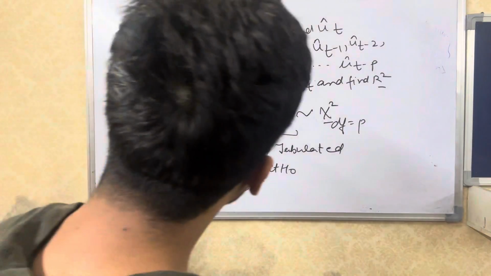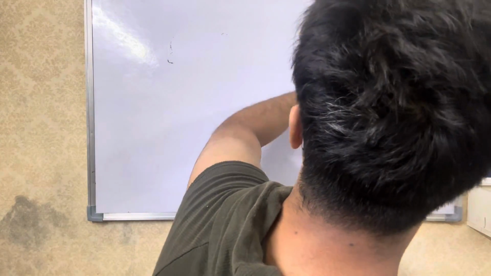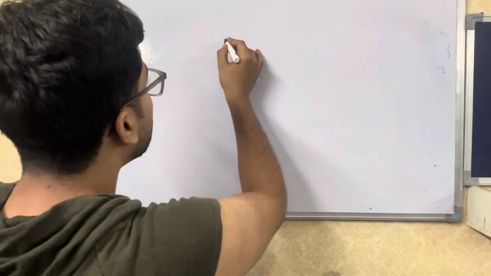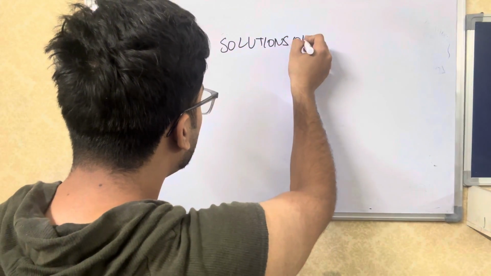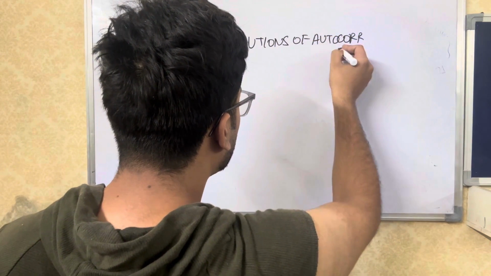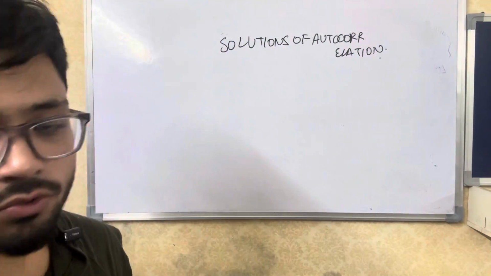Now what does a statistician, econometrician do in case of autocorrelation? What are the solutions of autocorrelation? क्या क्या solutions हैं autocorrelation के?